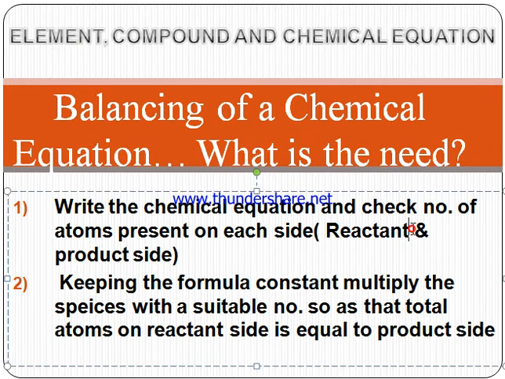Reactant side you can also say is the left hand side, LHS, and products are on the right hand side, RHS. Keeping the formula constant, multiply with a suitable number to balance the equation.